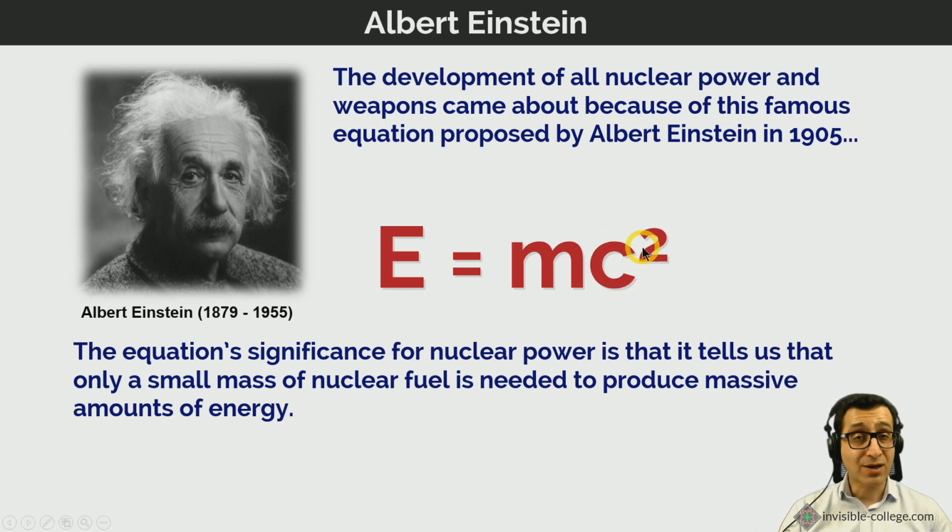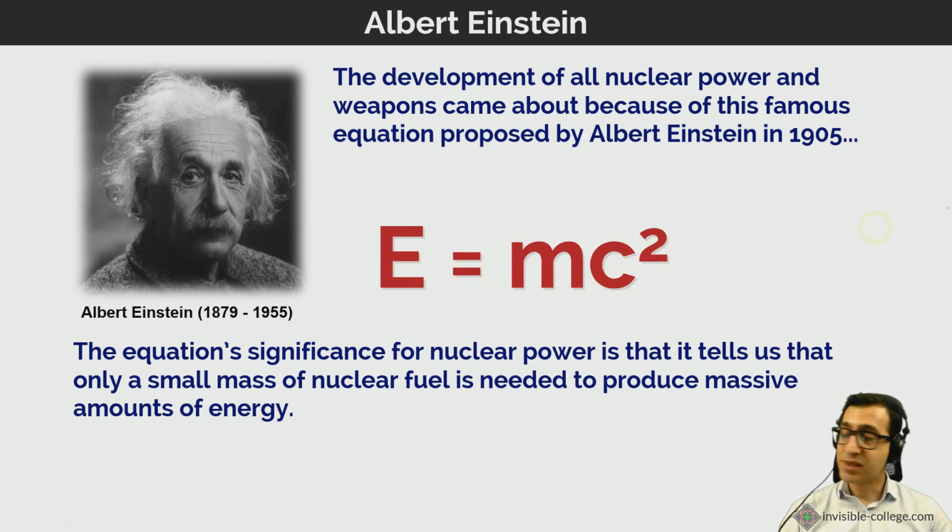Now, if you square that, obviously you're going to get an extremely large number. So if we have 1 unit of mass, 1 kilogram, in order to find out how much energy this is equivalent to, we would need to multiply that by this number here, 300 million times 300 million. So this tells us that even in a very small quantity of mass, there's an extraordinarily large amount of energy.